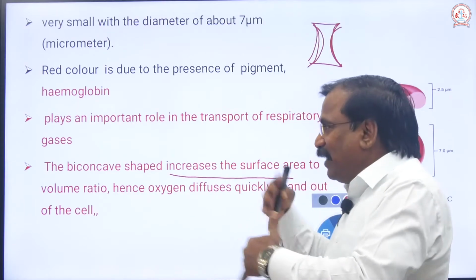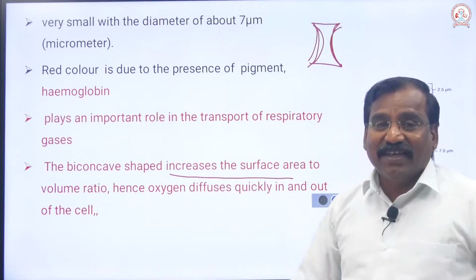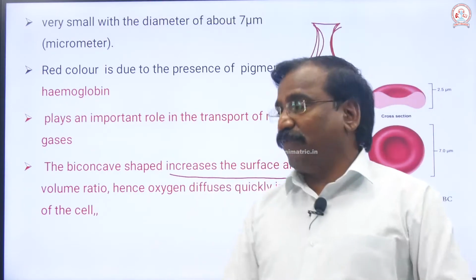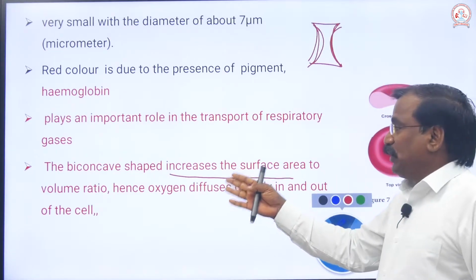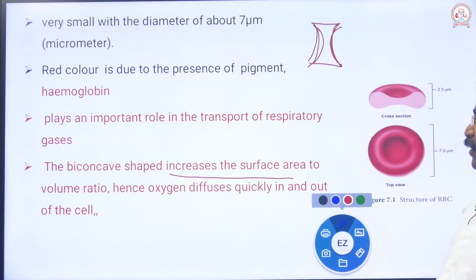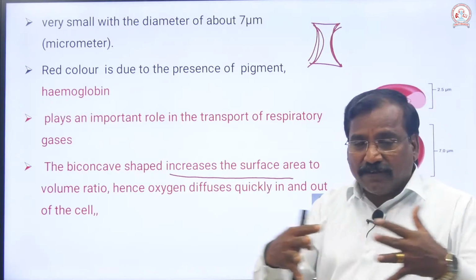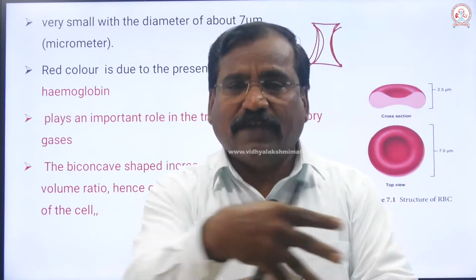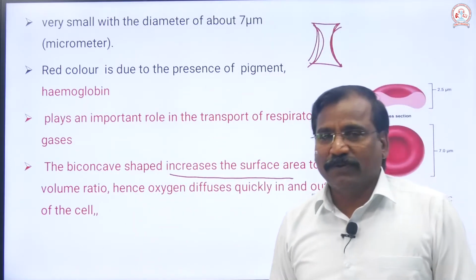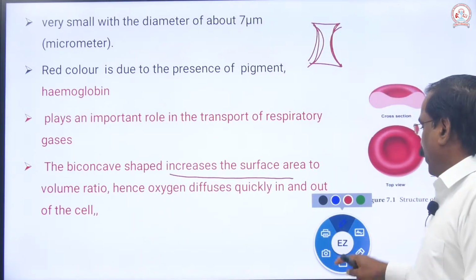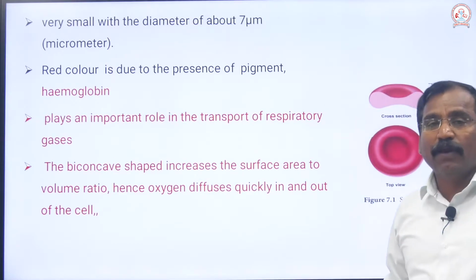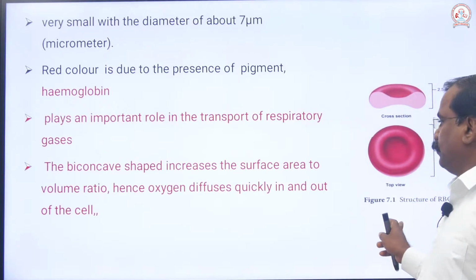So, in order to increase the surface area, the shape is biconcave and disc-like. If the surface area is more, more oxygen diffuses and goes inside the RBC. For that purpose, it is biconcave and disc-like.